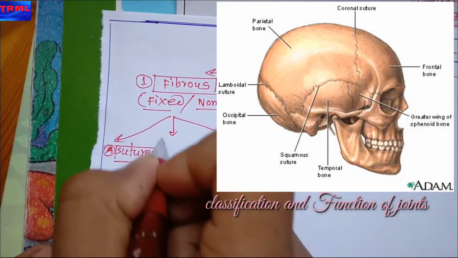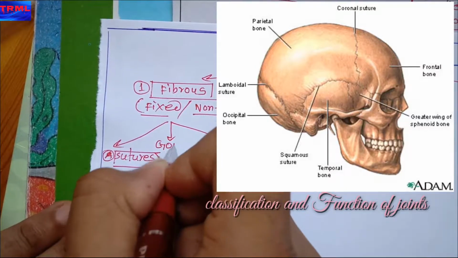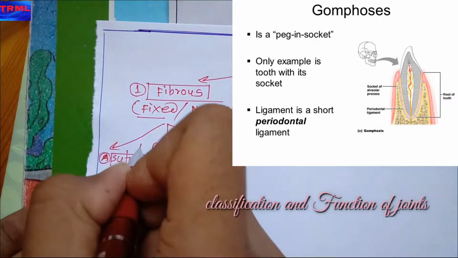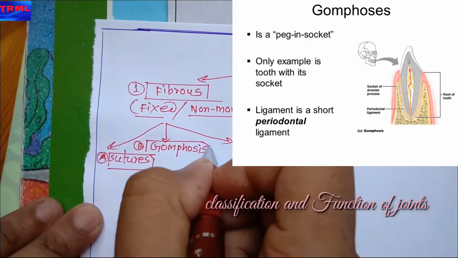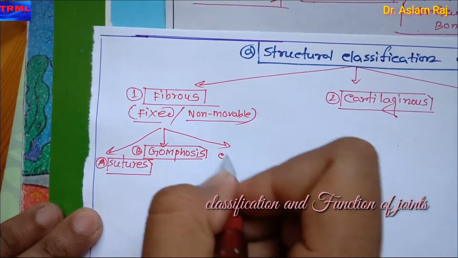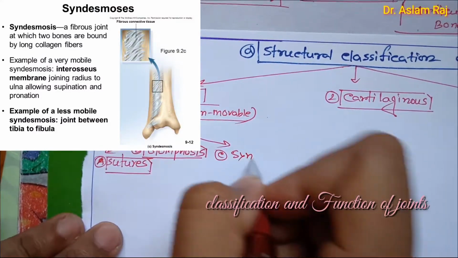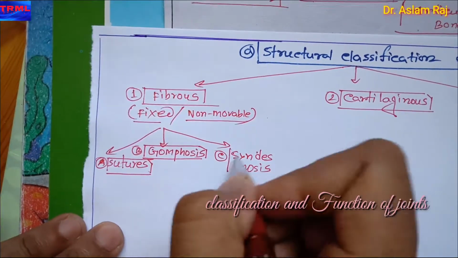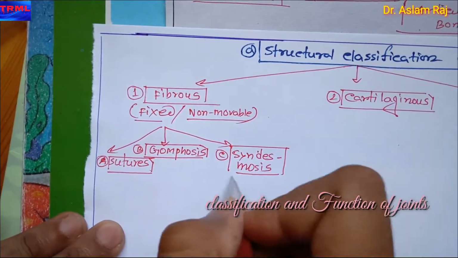You can see on the right side. Next one is gomphosis, a peg in socket. And third one is syndesmosis. It is a fibrous joint.